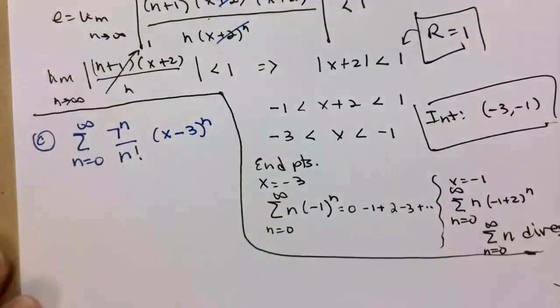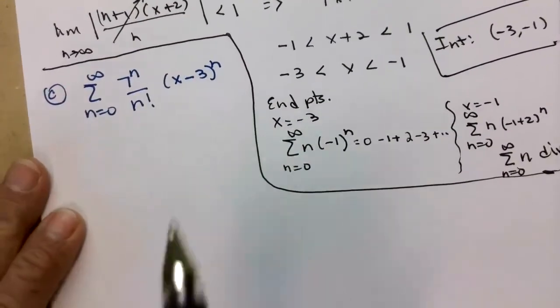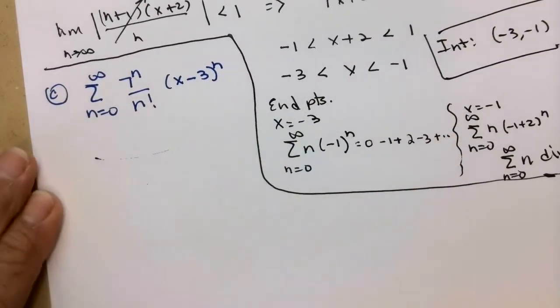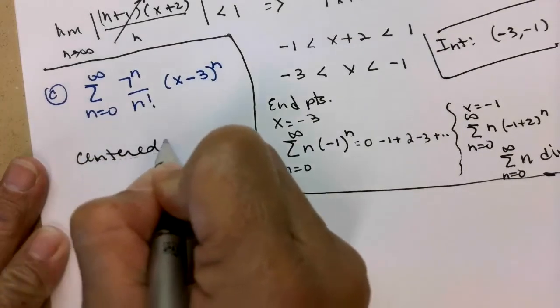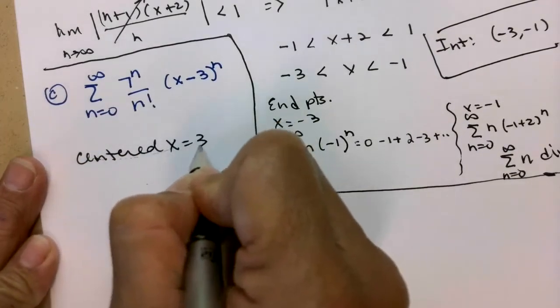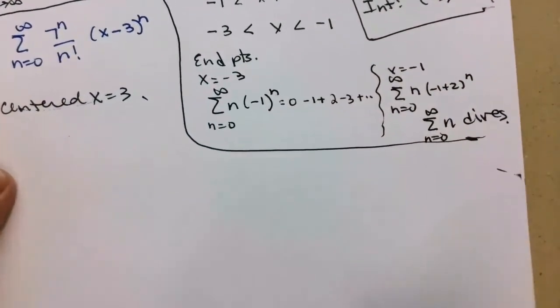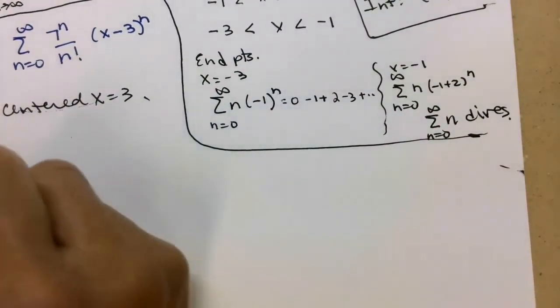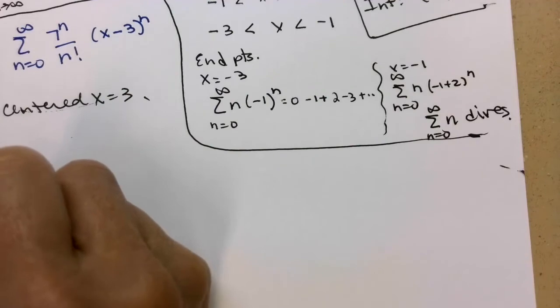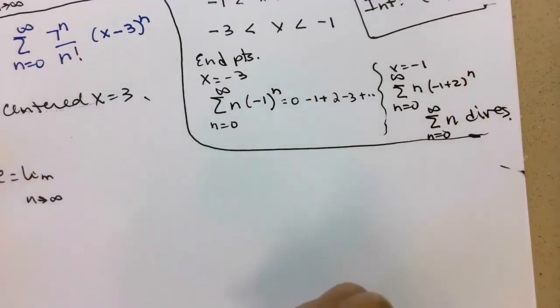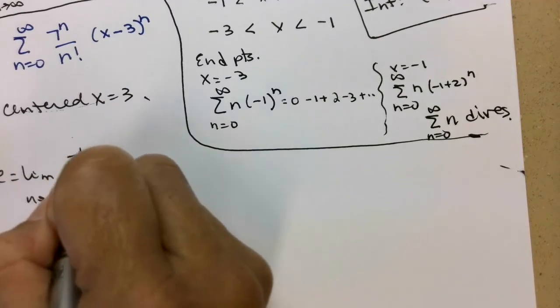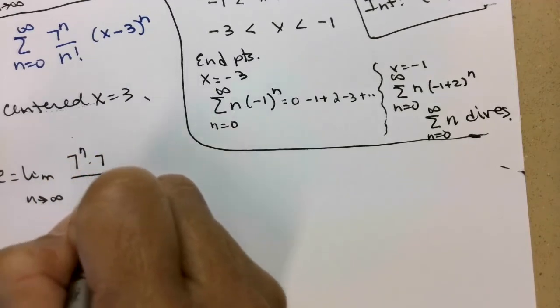Okay, let's do one more example. Here's my series, centered at x equals 3. So ratio test. So rho equals the limit as n gets big. So that n plus first, I have 7 to the n times 7.